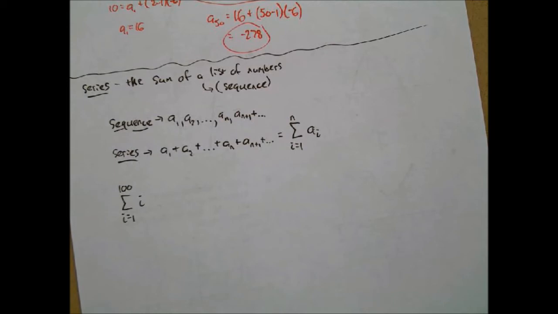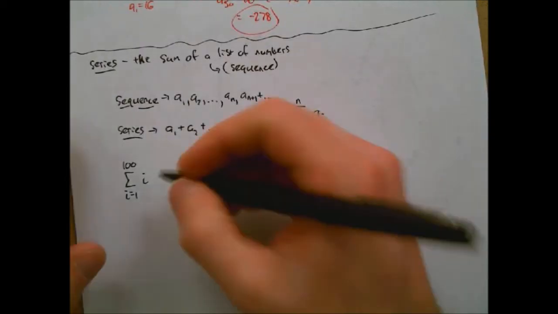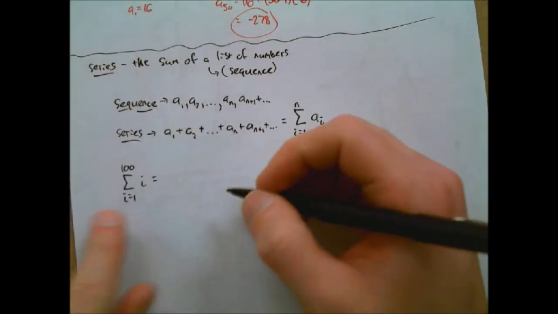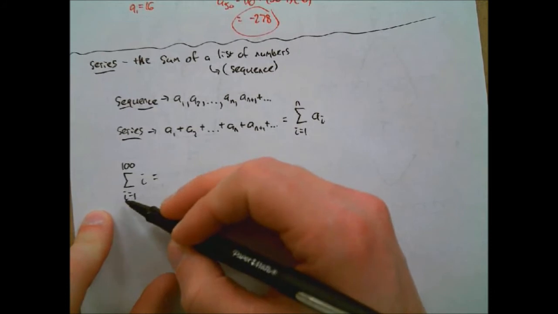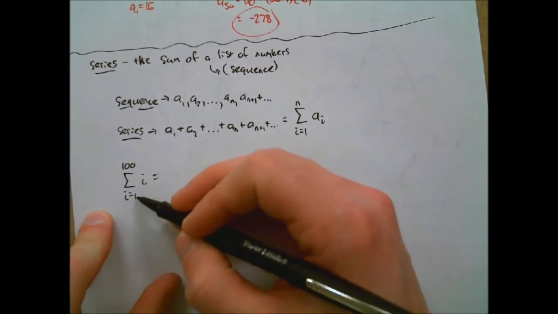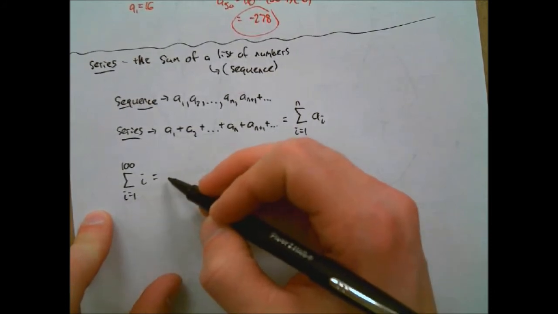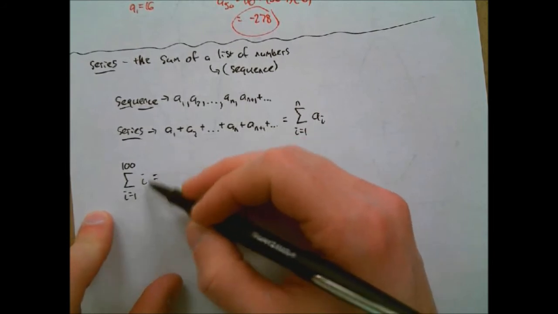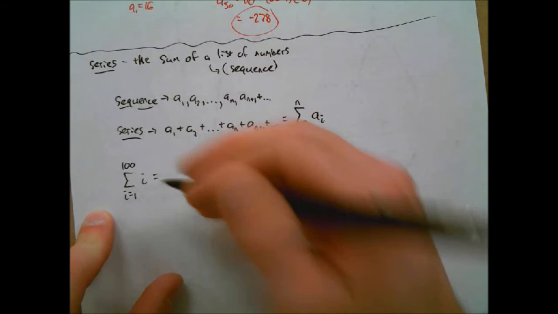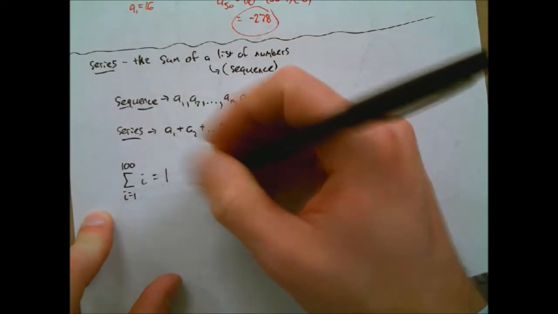Let's just write it out. So if you'll look here, we're going to do a sum, right? Sigma stands for the sum there. Our i starts at a value of 1. So our very first term is going to be what value? We're adding up just i's. So what's our first i value? 1. For the first term, it's just 1.